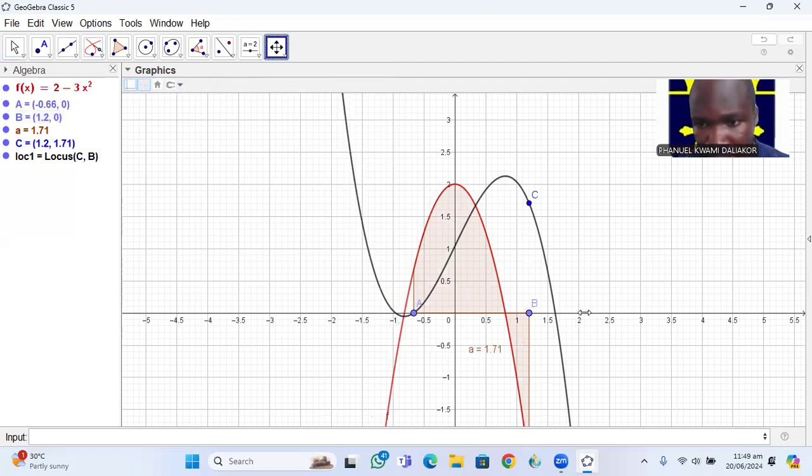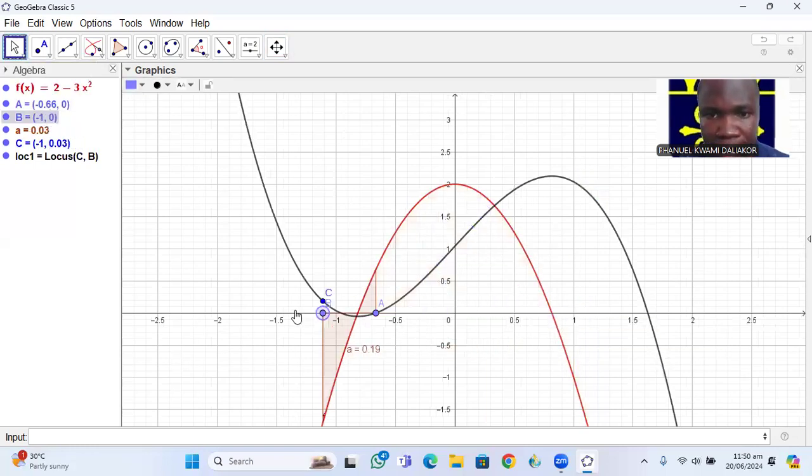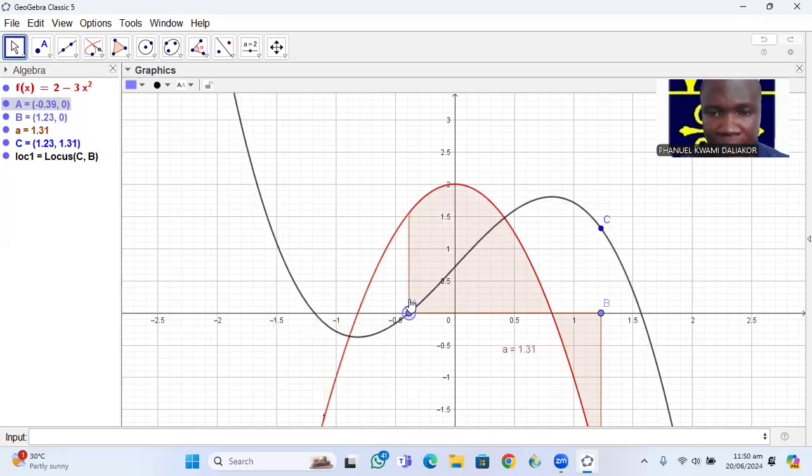So when I move my B, you see that my C moves along the curve, but when I move A, my curve moves up and down. You see that it goes up and comes down. Okay, that's the effect of A and B in that locus.